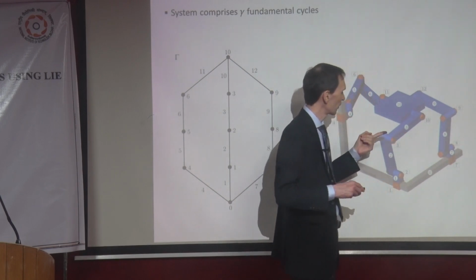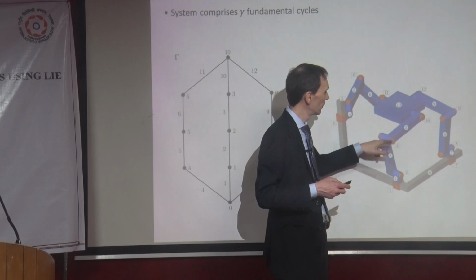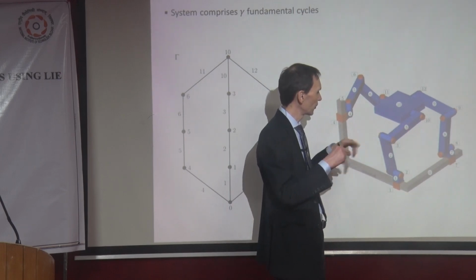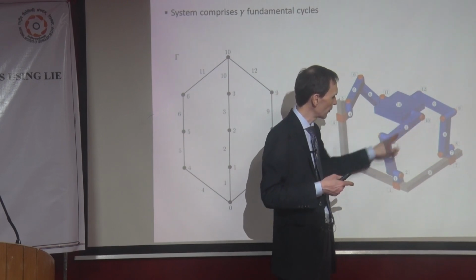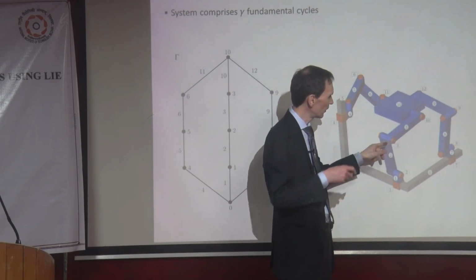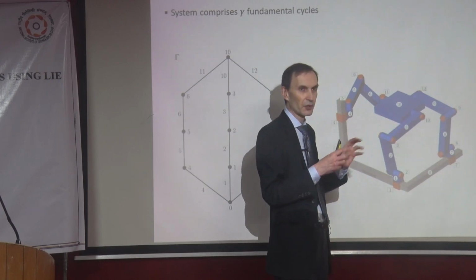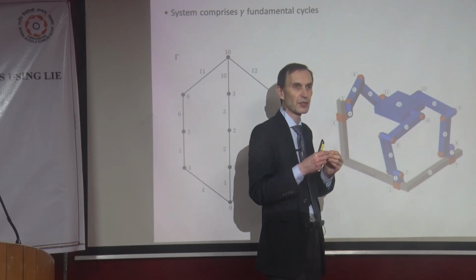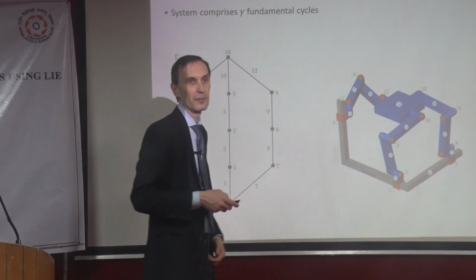So it means that actually it restricts the motion of the platform to the intersection of the 2 motion spaces. So it can perform translations in space and rotations about this one. This can perform translations in space and rotation about this axis. So the only thing that is common to them is the translation in space. And the same is for this one. So eventually we have 3 degrees of freedom.